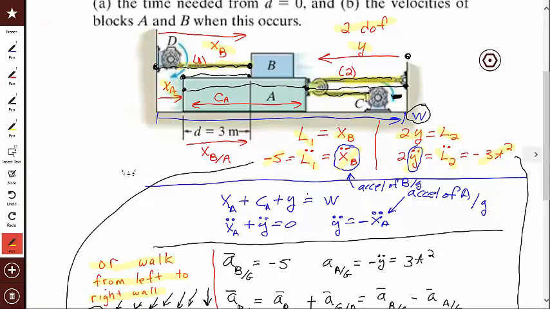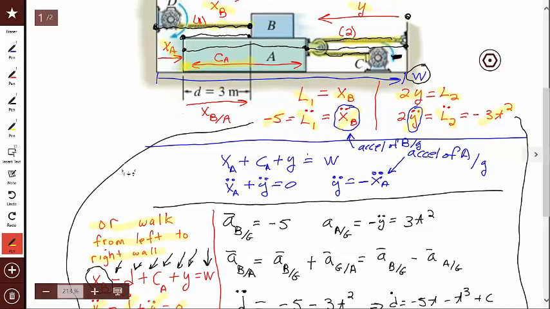This distance D measures between the edge of box A over to box B. D is actually equal to the position of B relative to A, because D is the distance to B measured from A. So that would be the position of B relative to A, which I've shown there.